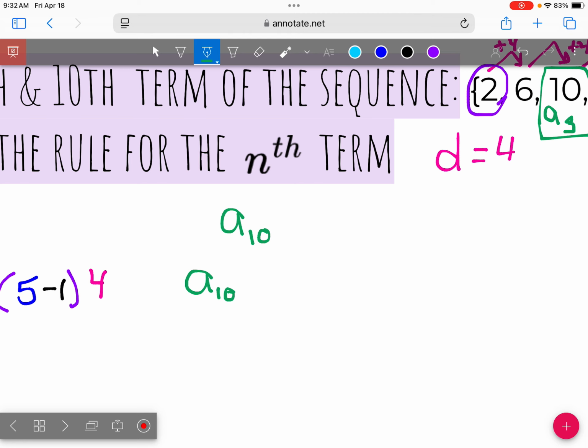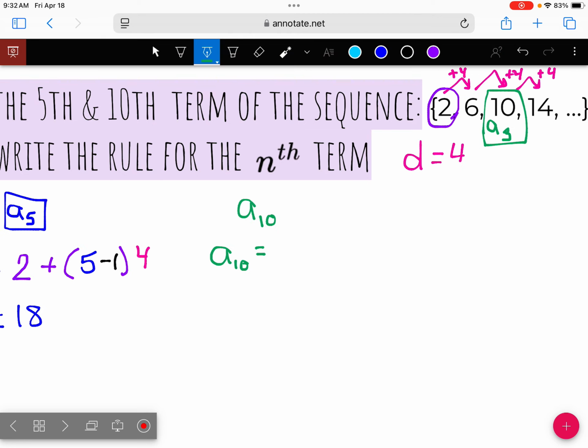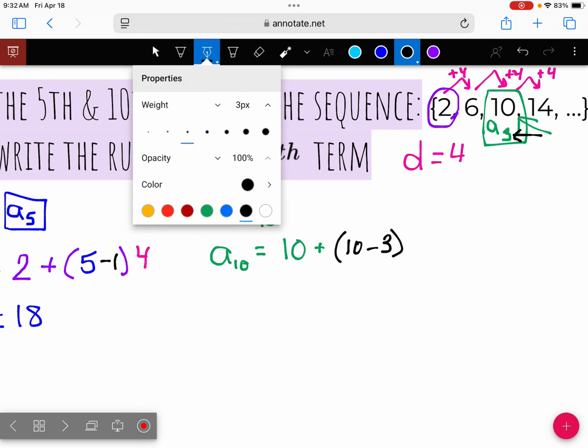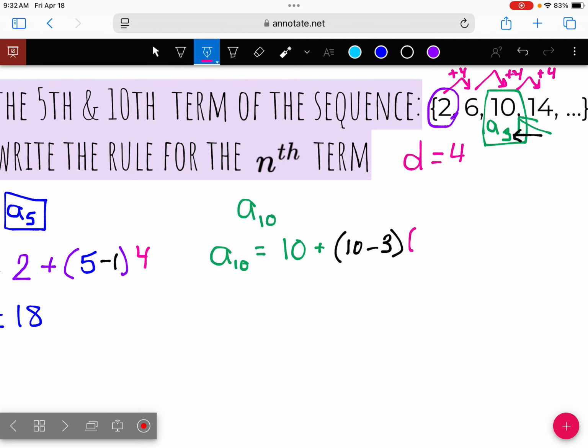If we have not the first term, I can still use those equations. I can still take my a sub 10. It just means I'm going to use this term instead of my a sub 1. So I'm going to put my 10. And when we have our parentheses where we had before our n minus 1, we're going to have our n, that's that 10, minus whatever number this is in the series, 3, times that same common difference of 4.